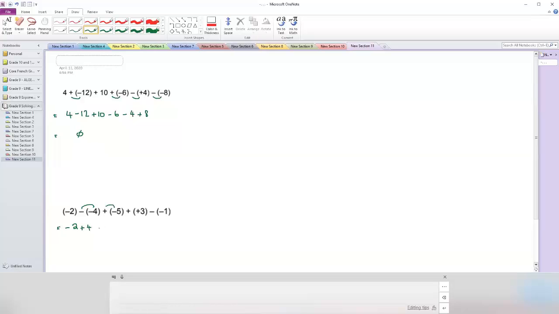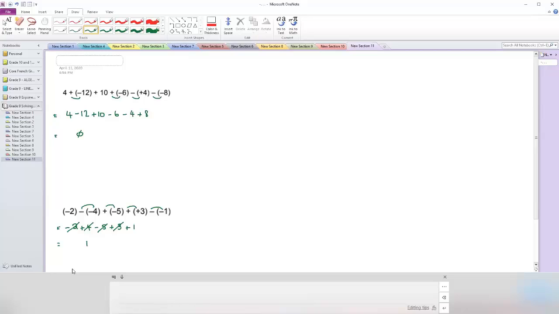Positive and negative, they are different, so it's going to be negative 5. Positive and positive, the same sign, so it will give me positive 3. Negative and negative, it will give me positive 1, since they are the same sign. So negative 2 and 4 is going to give me positive 2, negative 3, 0, and 1.